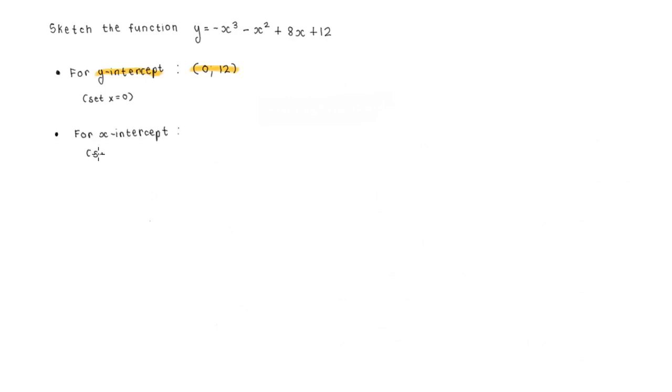And we know that for our x-intercept, we are eventually going to set y equal to 0. But in this case, because we're going to have to apply the factor theorem, let's make life easy for ourselves and move into functional notation. So let y equal f of x.